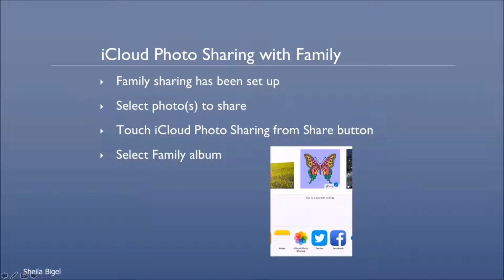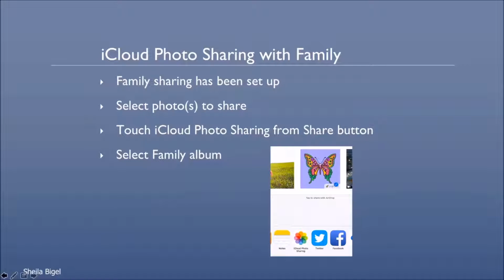So if you have family sharing set up, essentially you go into your Photos app and you select the photos you want to share. And then you touch iCloud photo sharing from the share button. Everybody knows the little box with an arrow pointing up is the share button. Once you select iCloud photo sharing, you essentially get the same screen we looked at before.